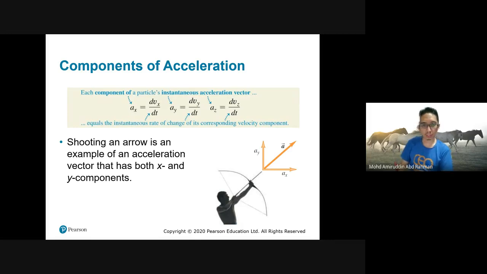The archer wants to shoot an arrow in a given direction, so the acceleration is going to point towards that. The vector will have both x and y components.